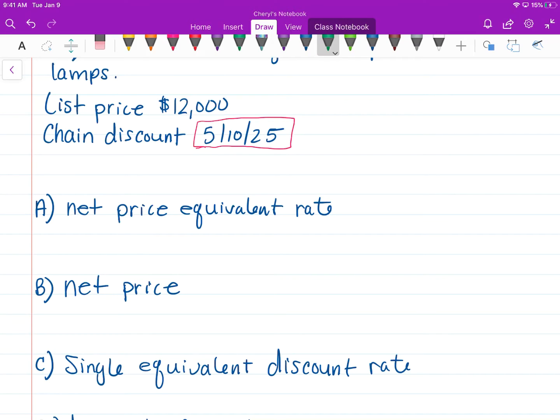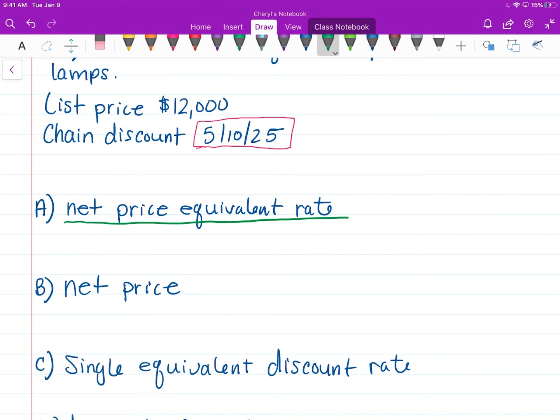It's 50% of 50%. So that's different. The of means multiplication. It doesn't mean to add the series of chain discounts. So you have to be careful and make sure that you're not just adding those discounts. The of means you're multiplying. So if we want to figure out the rate of what we're paying, what that percentage is, that's called the net price equivalent rate.